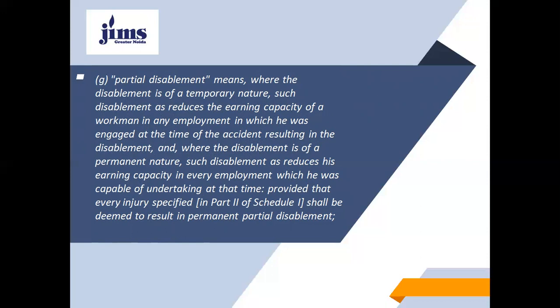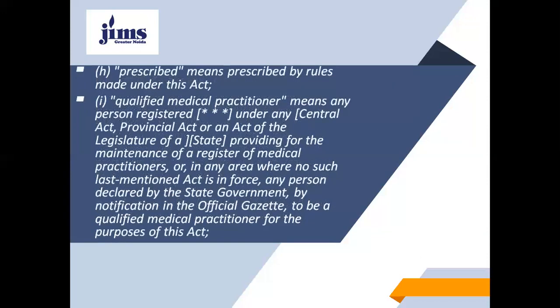And where the disablement is of a permanent nature, it means such disablement as reduces his earning capacity in every employment which he was capable of undertaking at that time. So this would be treated as a partial disablement. So these are certain important definitions given under section 2, subsection 1 under different clauses.